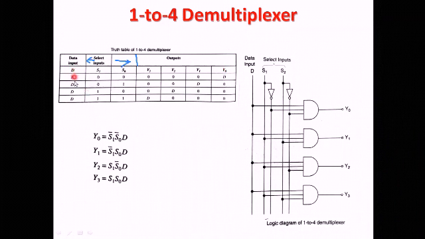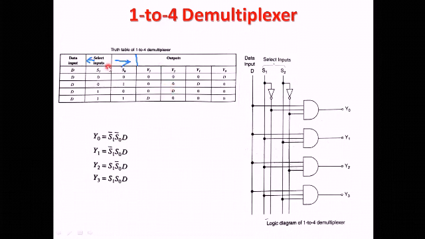See, for S1 S0 equal to 0 0, the outputs are 0 0 0 D. For 0 1, they are 0 0 D 0. For 1 0, they are 0 D 0 0, and for 1 1, they are D 0 0 0. Now we will explain how the truth table comes about.